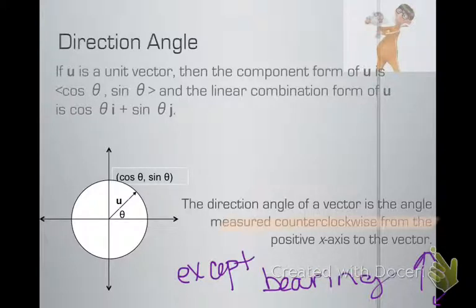So this shows us that the coefficients of i and j could be thought of as the cosine of theta and the sine of theta.